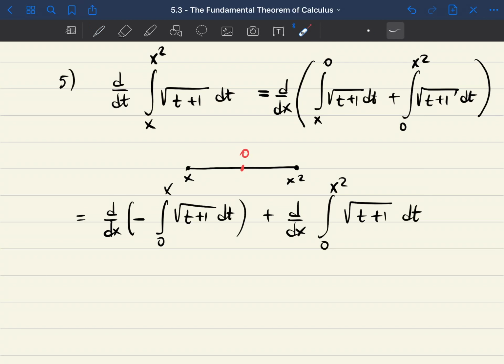Okay, so now you can take this negative sign outside of the derivative, and here we have to use the chain rule. So let's do that. So this is equal to minus root x plus 1. This is just FTC1.